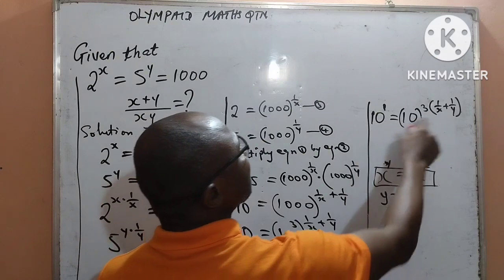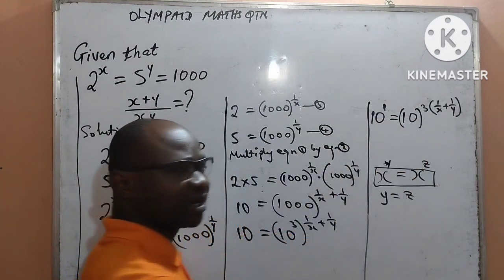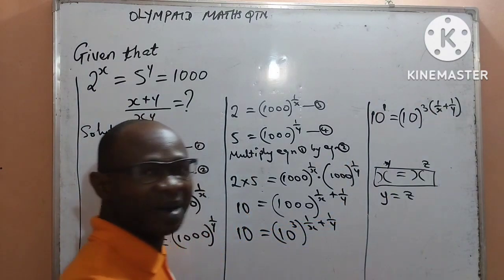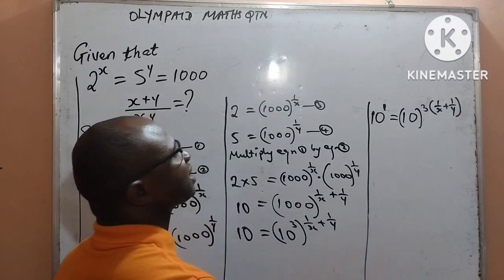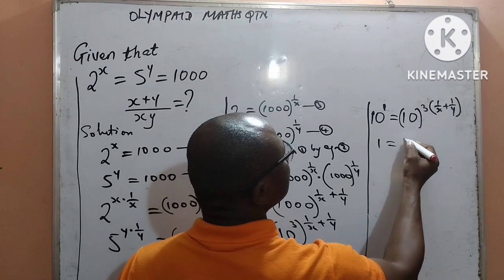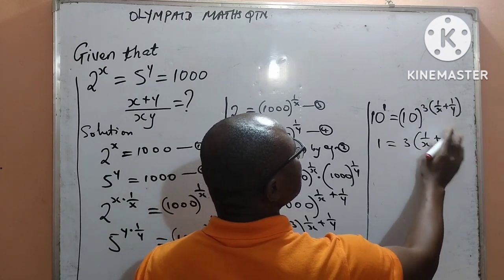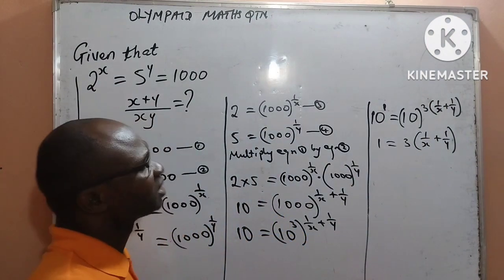And that is going to be applied here. I have base 10 by the left, I have base 10 by the right. Therefore, the power by the left should be equal to the power by the right. So, permit me therefore to express my work as 1 is equal to 3 into 1 all over x plus 1 all over y. This is very correct.